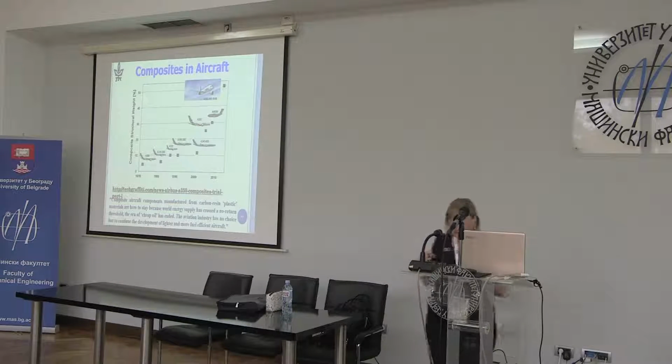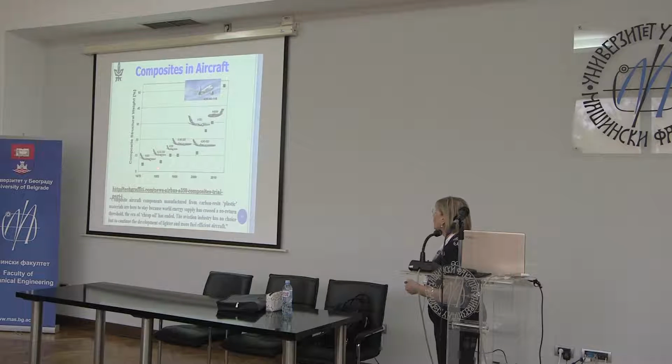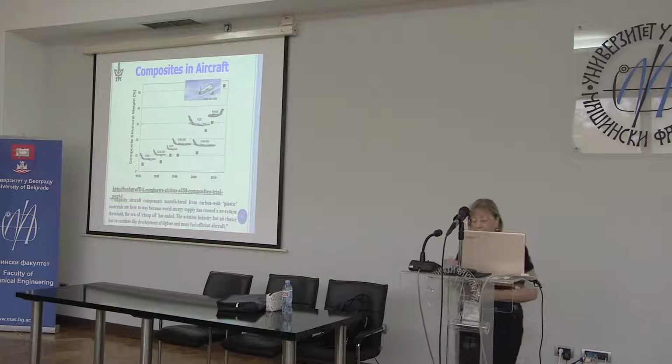But we can see in this slide, which is a really nice example with the Airbus series, of how in the early 70s, 5% of the weight of the plane was made of composite materials, up until we come to the newest planes where it's over 50% by weight. So we are flying in plastic planes.